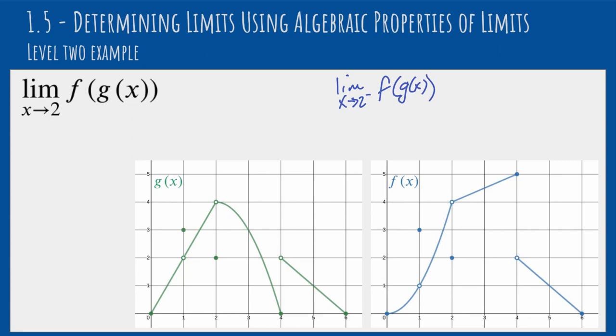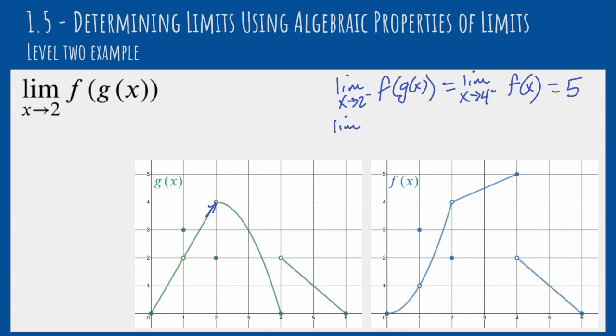And as we put values into g that are a little bit smaller than 2, then we're going to get values that are a little bit smaller than 4. So this is going to be the same as the limit as x approaches 4 from the left of f of x. So again, g is approaching 4 from the left, so that turns it into this limit here. And then as we approach 4 from the left, this hasn't changed from the last problem, we get 5.